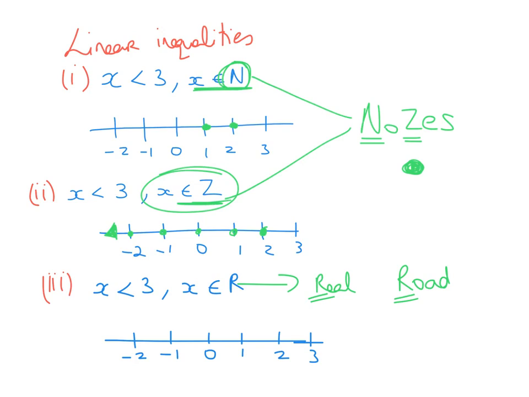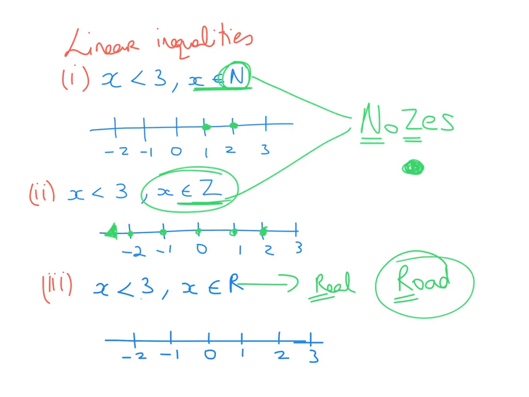There are also all the other little numbers in between, like the fractions and the decimals and stuff like that. So for example, x is less than 3. Well, it could be 2.99999, or it could be 1.5786. It could be any of those numbers because it's a real number, so it's all the rational and irrational numbers. So what we do, as I said, is we draw a road.